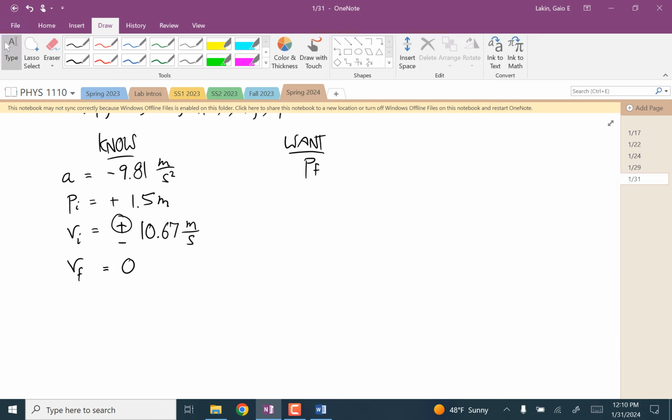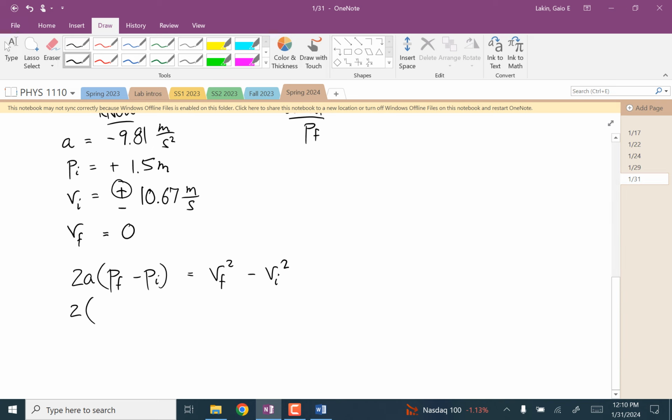All right, well, I think this equation will work. Let's check. PF has to be in it, and it is. And now let's go through the other things in the equation and make sure we know them all. A, we know. PI, we know. VF, we know. VI, we know, so this will work.